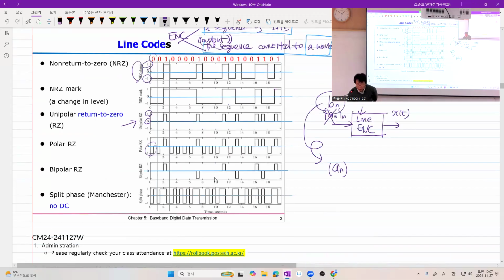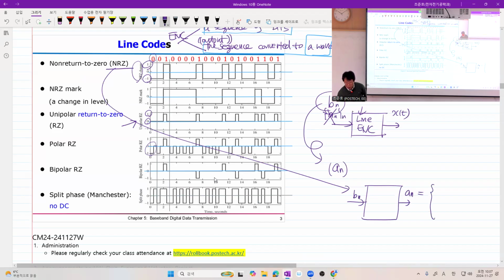Let's see NRZ. You have B. A_n equals -1 if B_n equals 0, and it is 1 if B_n equals 1.